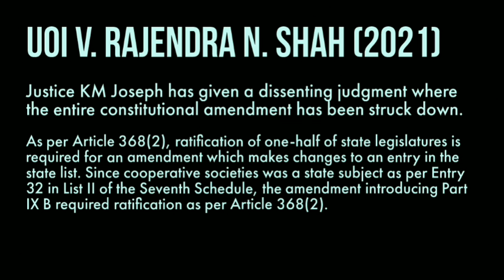Now, as per Rajendra N. Shah, Part 9B affects a lot of state matters. And when the 97th Amendment was brought, the states' ratification was not taken. Hence, the whole amendment should be struck down as ultra vires. Thus, the 97th Amendment is being challenged as it did not follow the procedure established by law.